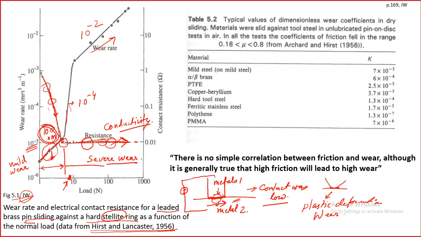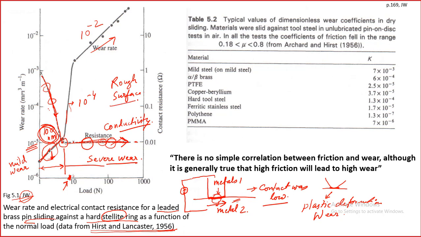So this method of measuring wear situation is used in many examples. So severe wear results in rough surface, whereas mild wear leads to smooth surface.